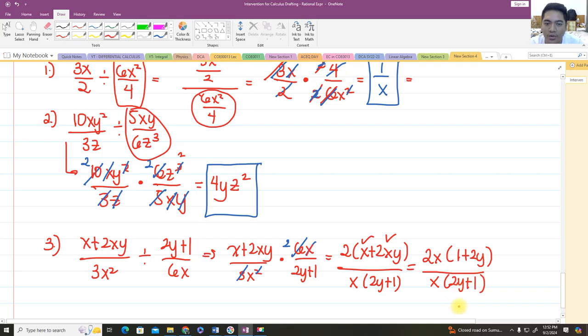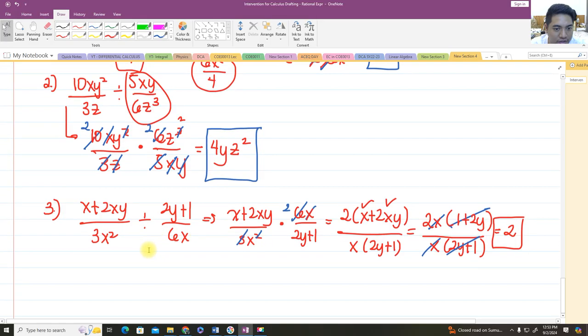And 1 plus 2y and 2y plus 1 are still the same by the commutative property. So if I write 2y plus 1 or 1 plus 2y, it's still the same. As you can see, the x will cancel also. So now you are left with 2. So the answer here is simply 2 when we divide these rational expressions.